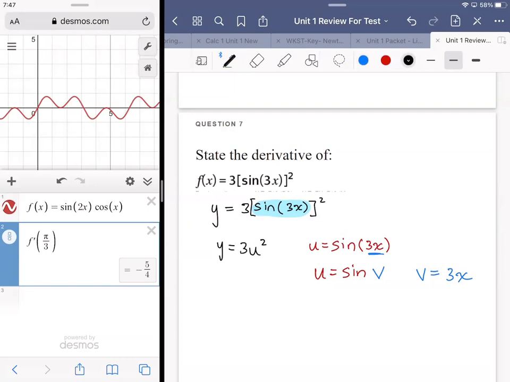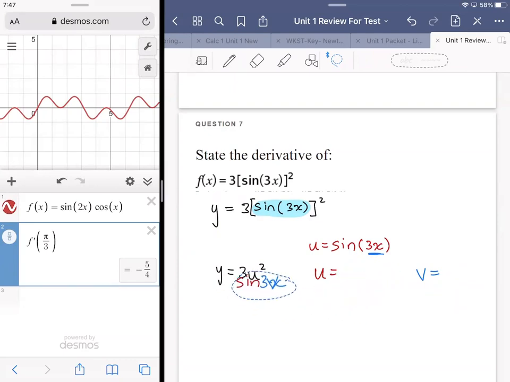We had the 3u squared, but now we're looking at something that involves three pieces, where if I composed it all together, if I took the 3x and put it in for v here, and then took the sine of 3x and put it in for u there, I would get back to where I started. All we're doing is literally unpacking the expression.